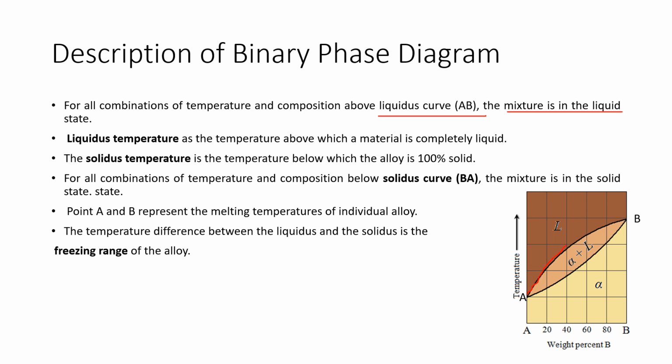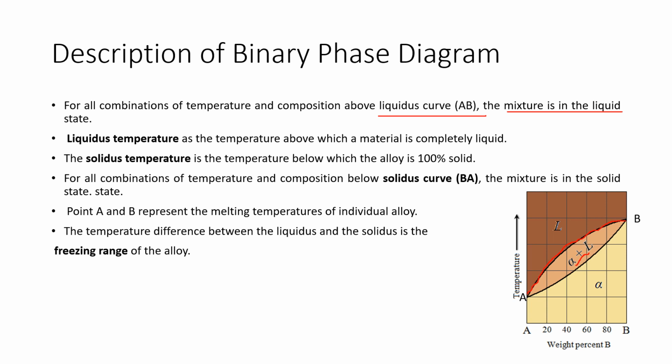Why do we call it the liquidus line? Because it separates a liquid phase from a mixture of solid plus liquid phase. Above this line, the mixture is in the liquid state.